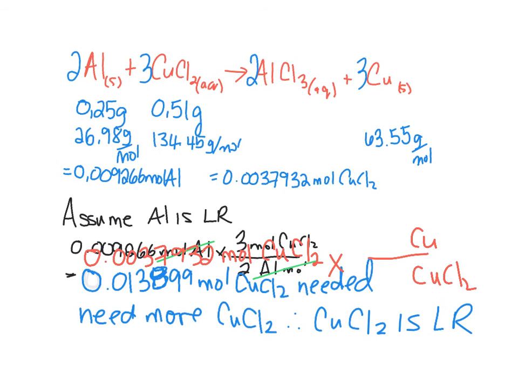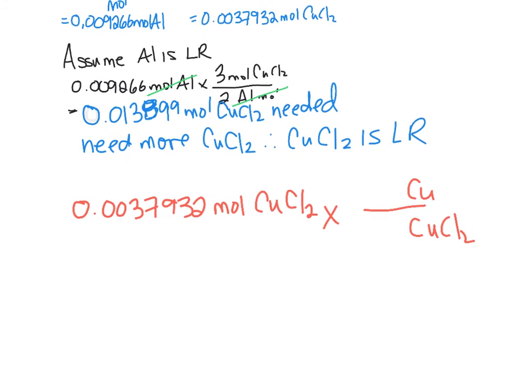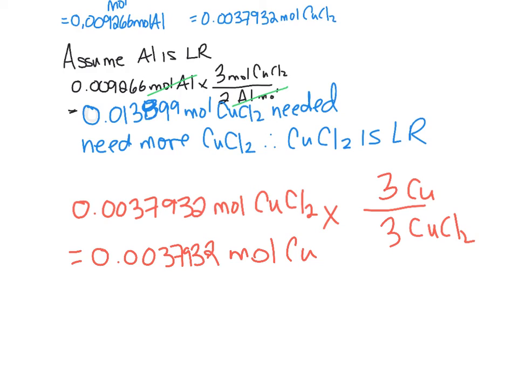So the ratio is 3 to 3. That's the exact same thing as 1. So we have 0.003793 moles of copper. We happen to know the molar mass of copper.